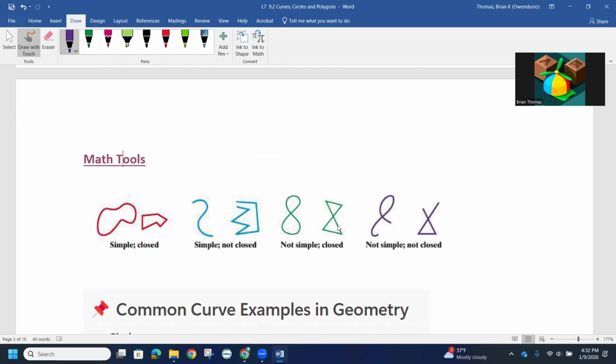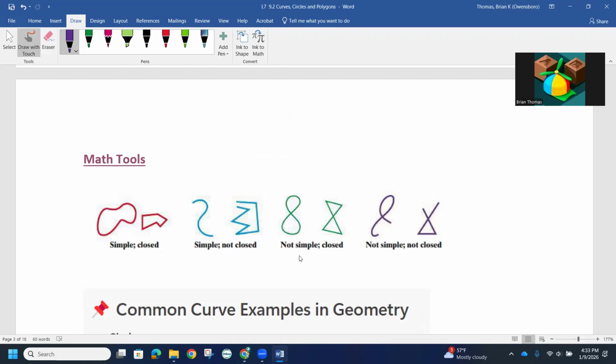But notice how even that is considered a curve, since it's not going in a straight line. It's still considered a curve, even though it's bending sharper. Now, not simple, not closed: notice how we don't get back to the same point. We're open-ended there. So stuff like this would be considered not simple and not closed.